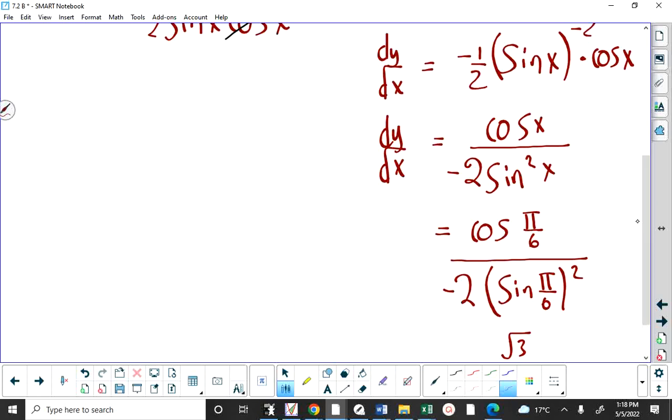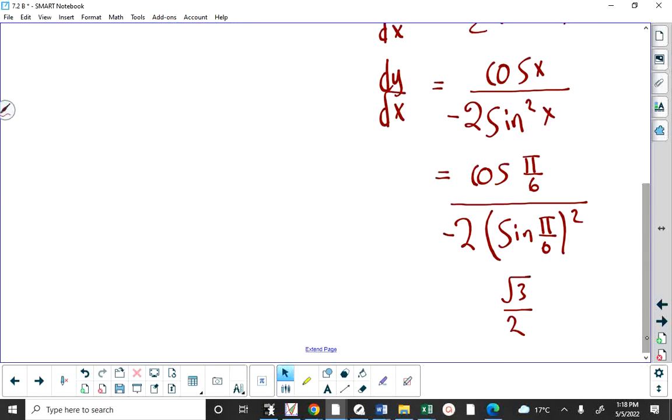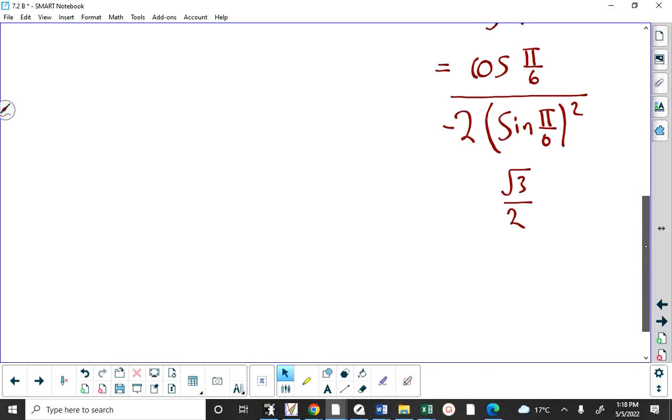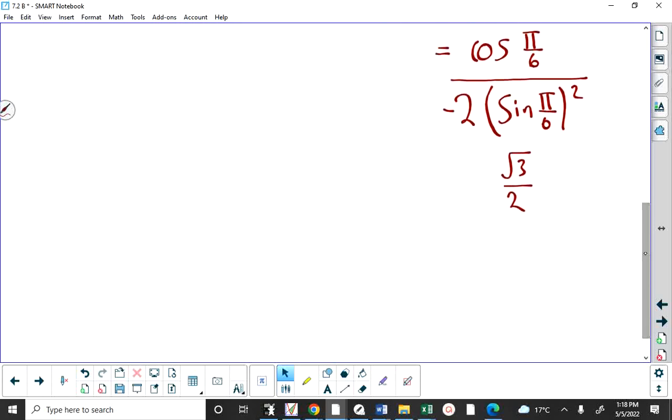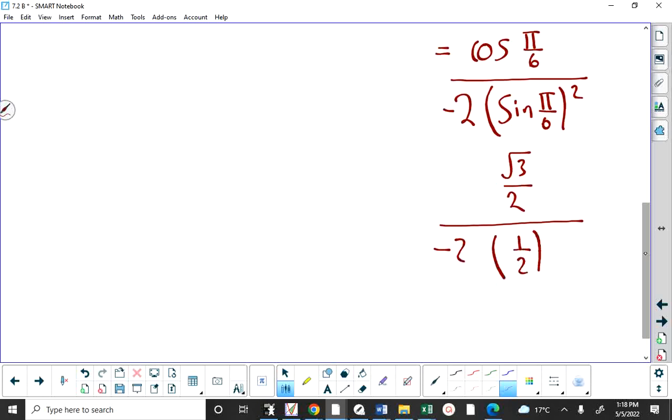So cosine of pi over 6 is root 3 over 2 over negative 2. Sine of pi over 6 is 1/2, and we need to square that. So I end up with root 3 over 2 over negative 2 times 1/4.